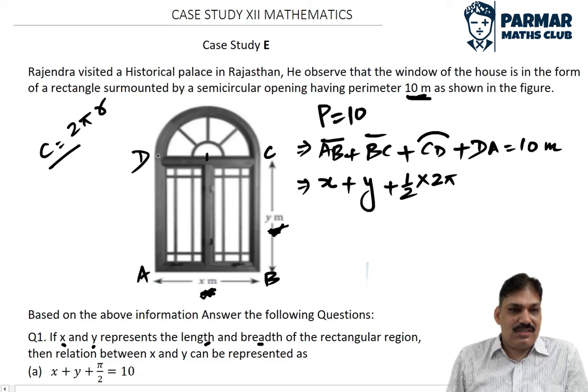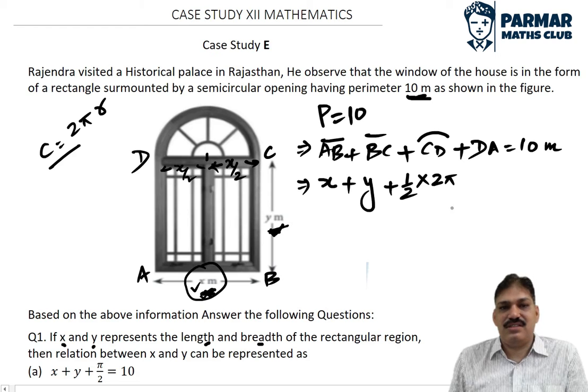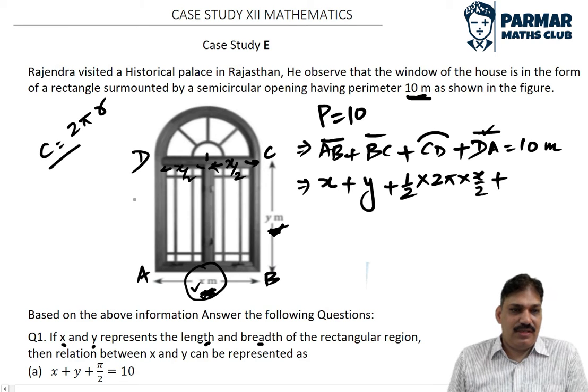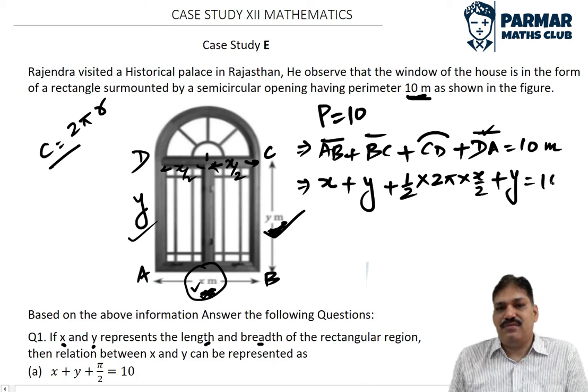See, this is the diameter, and the diameter is equal to x meter. So half of diameter will be x by 2. The parallel opposite sides of the rectangle are equal, so this is x, and the radius is half of x, that is x by 2. Plus DA, the line segment D to A, will also be equal to y because opposite sides of a rectangle are equal. So this y is equal to 10.